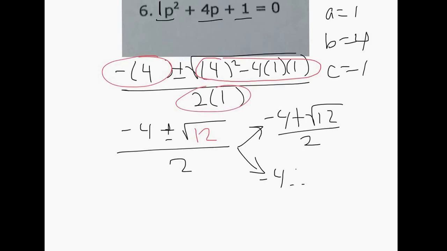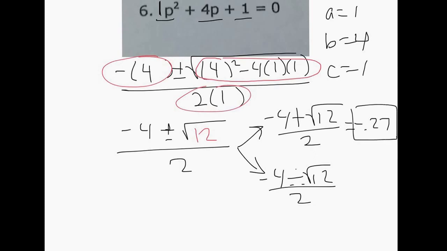Negative 4 plus, and then negative 4 minus the square root of 12 divided by 2. So negative 4 plus square root of 12, enter, divided by 2. Gives me a crazy decimal, math 1, enter. Still gives me that crazy decimal. So this is negative 0.27.